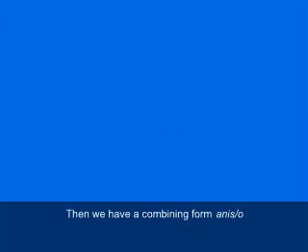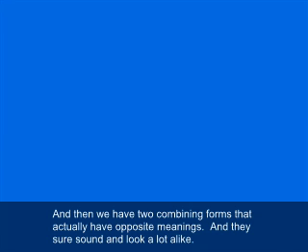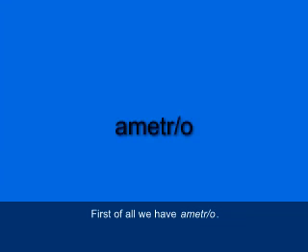Then we have a combining form, aniso, A-N-I-S/O. Aniso means unequal. And then we have 2 combining forms that actually have opposite meanings, and they sure sound and look a lot alike, so we have to be very careful of them. First of all, we have ametro, A-M-E-T-R/O, ametro.